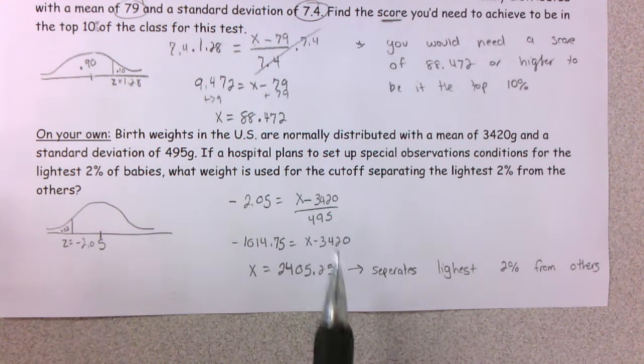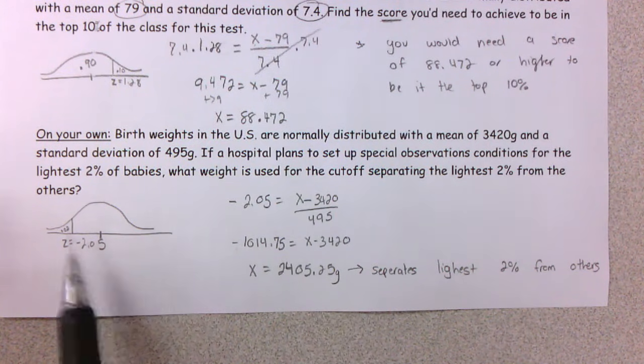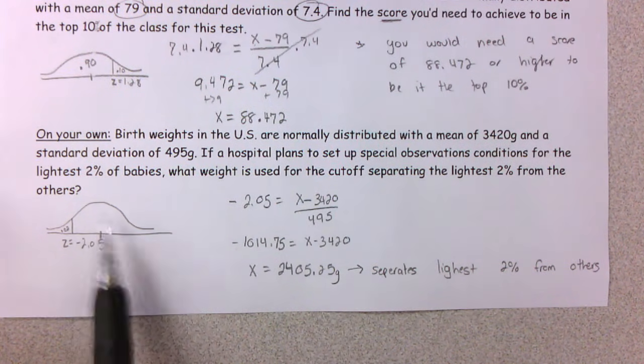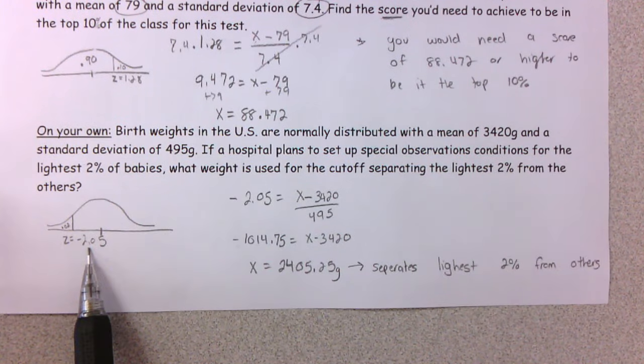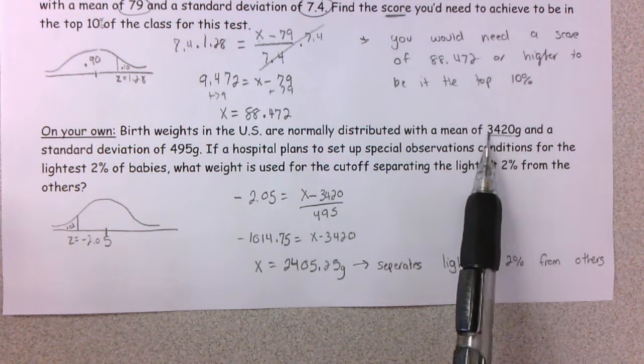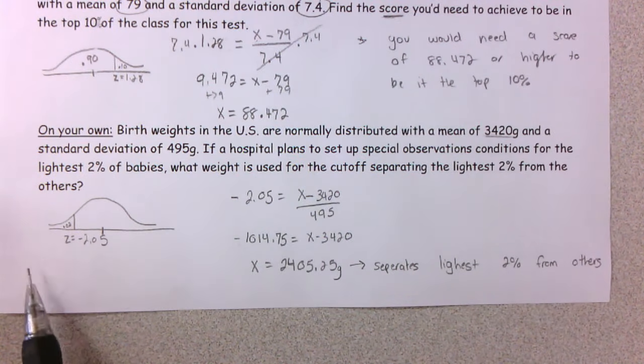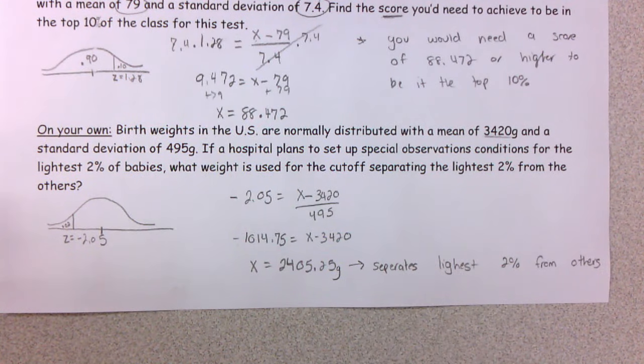Okay, and this number should make sense. It's below the mean, so we can always do a couple quick logical checks, right? The z-score you got was negative, which was good, and it's less than the mean, so the mean was 3420. This number is less than that, which we expected because it's the lightest 2%, so that number also makes sense.